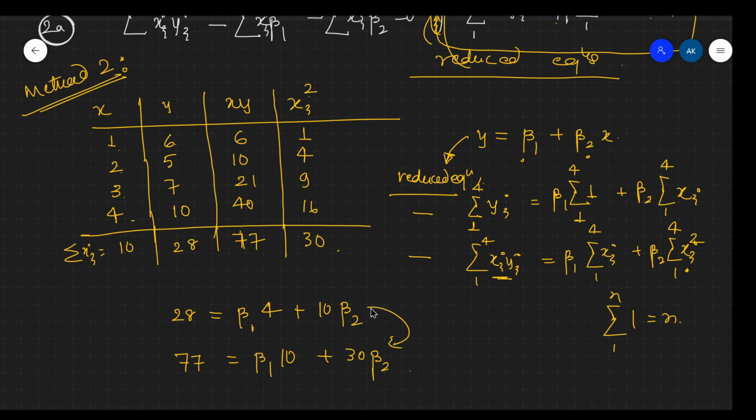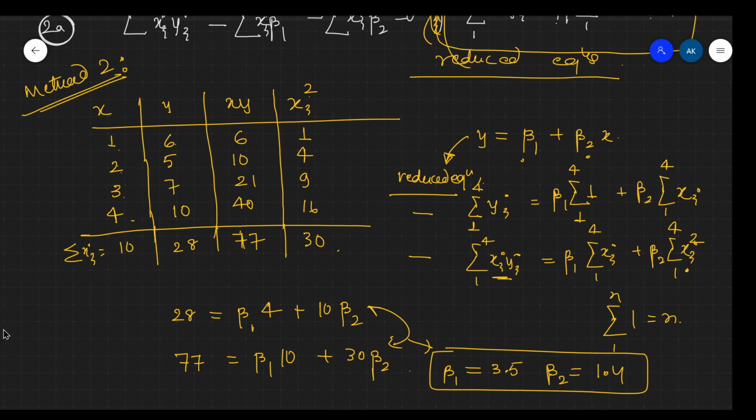Solve for beta 1 and beta 2 from these. You will again end up getting the same thing. Okay, solve them. You will get beta 1 as 3.5 and beta 2 as 1.4. You will get the same values.